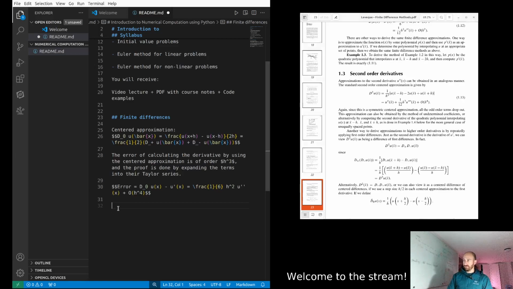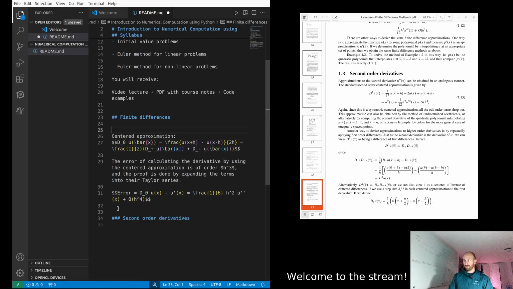Now, what about second order derivatives? So this is how we compute the derivative of one derivative. What about second order derivatives? Let's add here first order derivatives. So when you're doing second order derivatives, it's a little bit of the same thing, right?